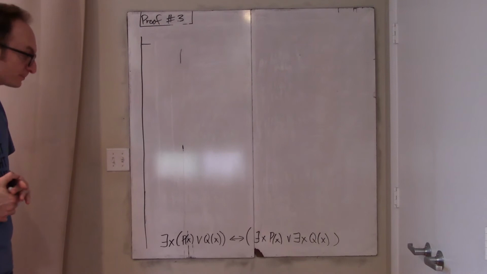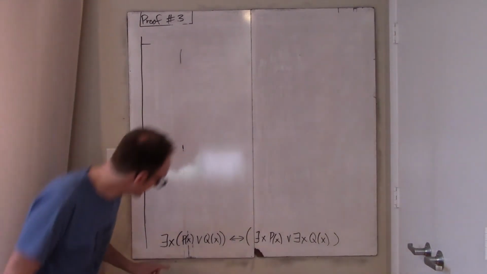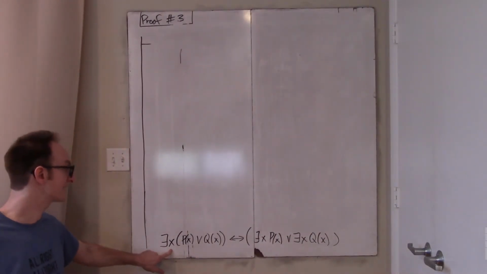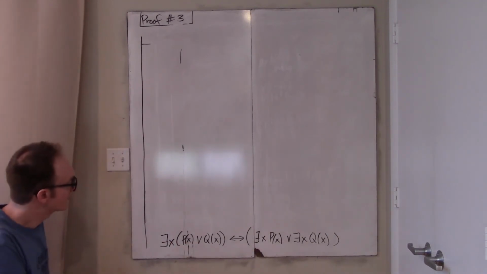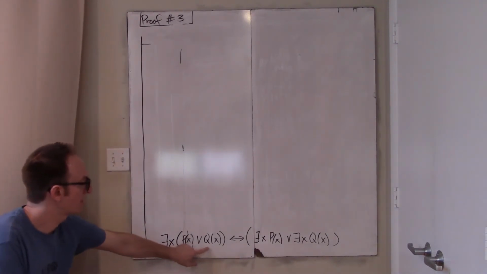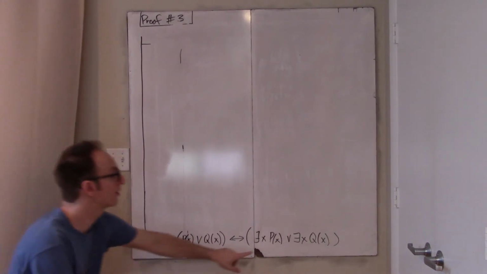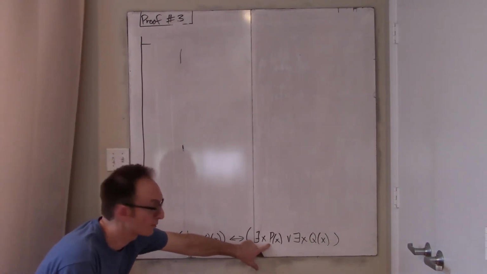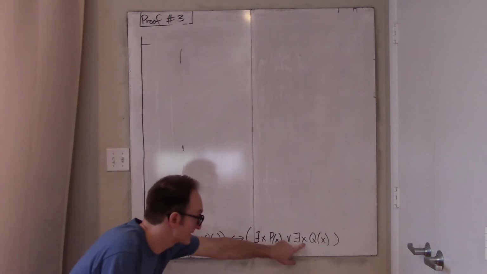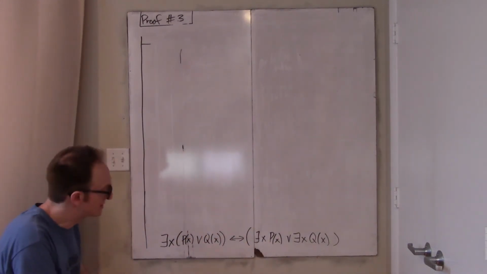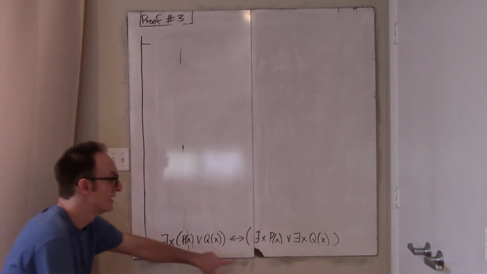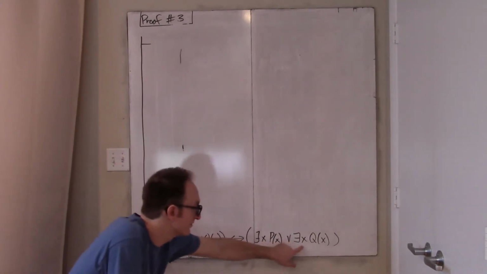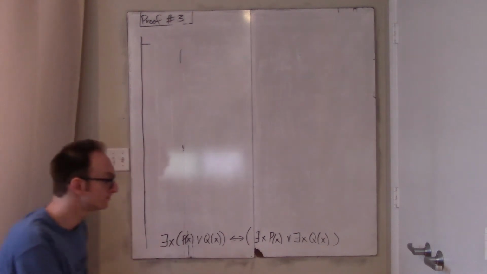Well, what this says is there exists some object that either has property P or property Q. If there exists an object that has property P or Q, then should we conclude from that that there exists an object with property P or there exists an object with property Q? Of course. Because whatever the object is that either has property P or Q, it's going to satisfy one of these. Or it's going to make one of these true.